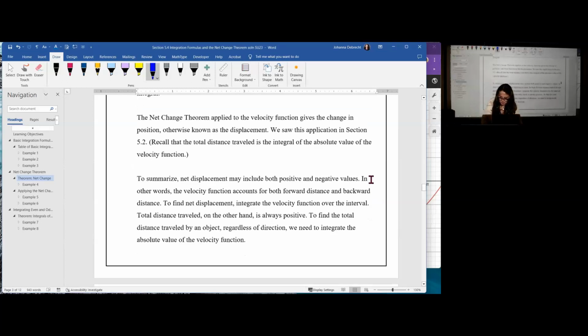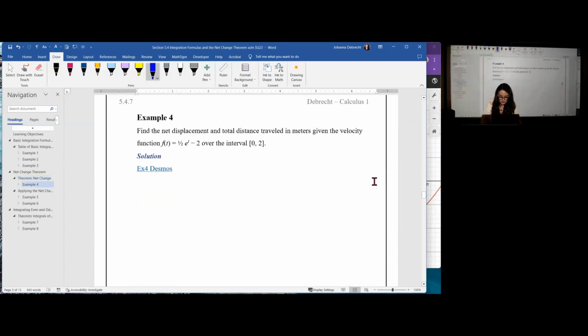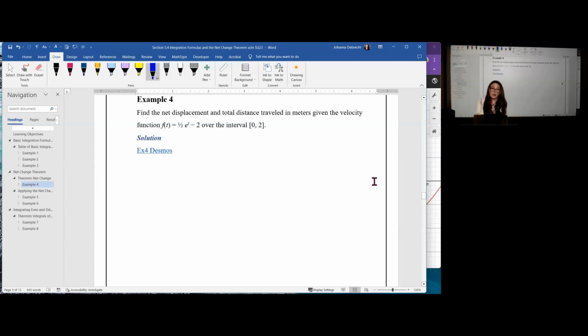In order to apply this, we're going to use the Fundamental Theorem of Calculus Part 2. Let's suppose that we want to find the net displacement, which would be the integral of the velocity function, which is the integral of the derivative of the position function.